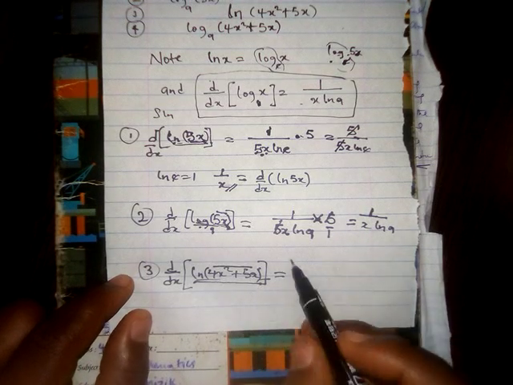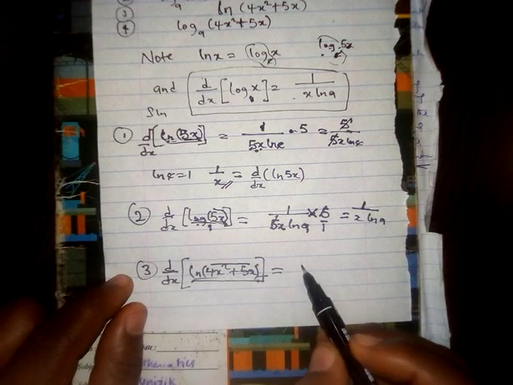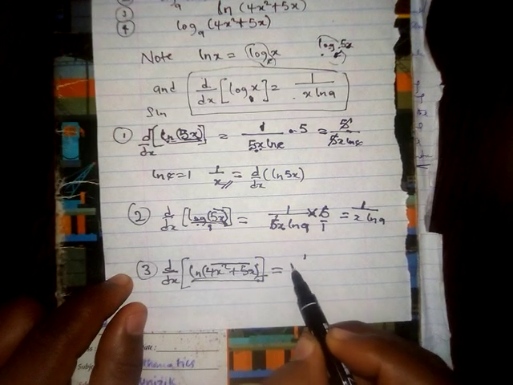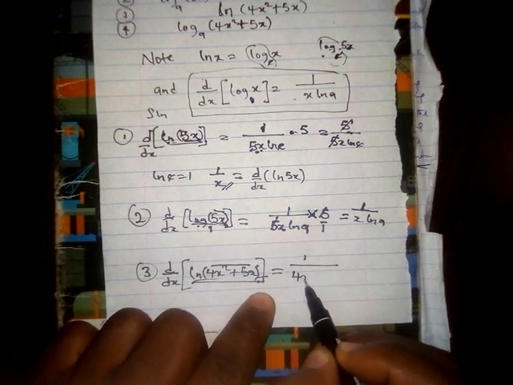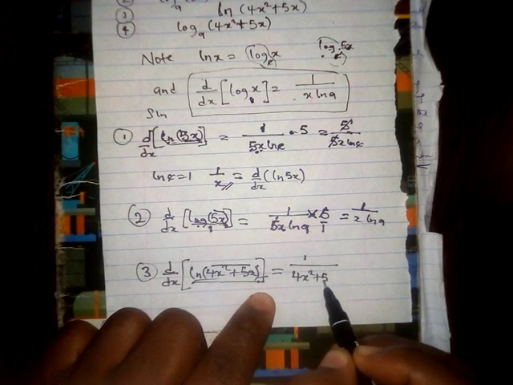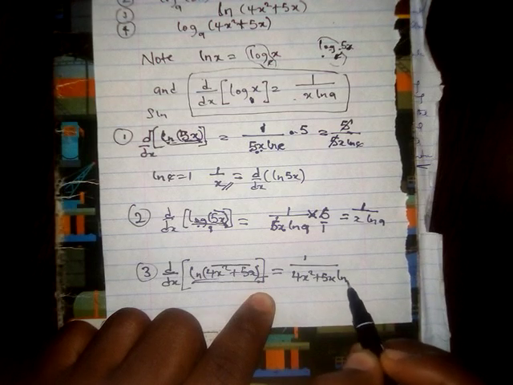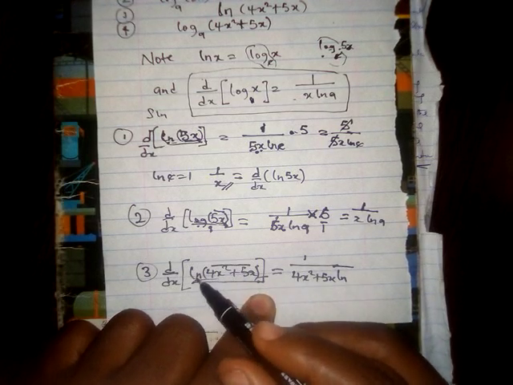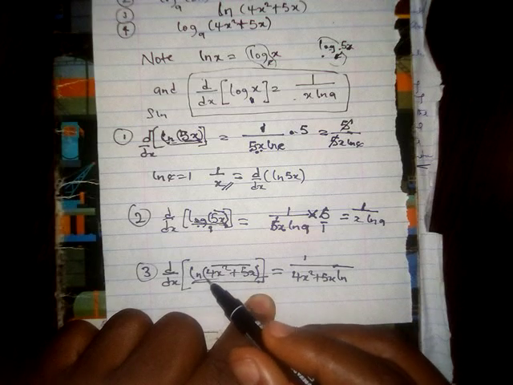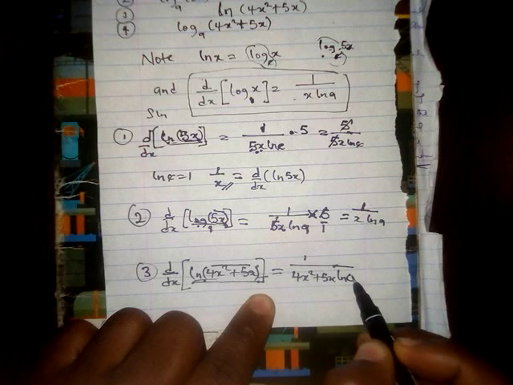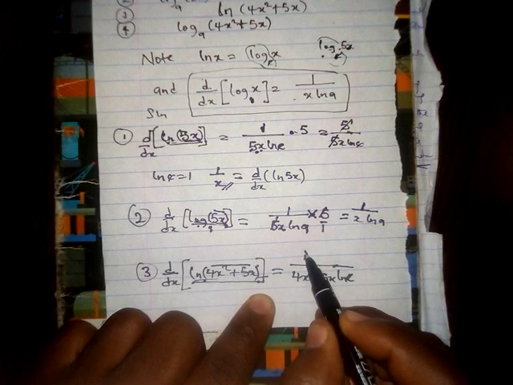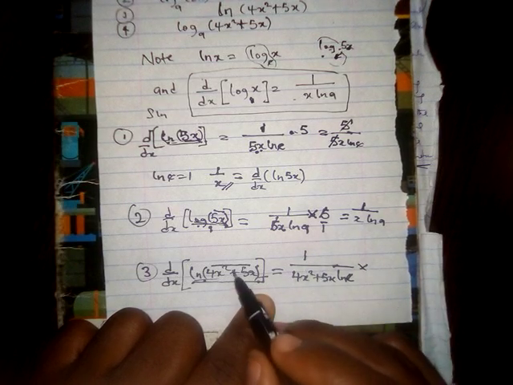So differentiating the outer one using our rule, we have this as 1 over the function. What is the function? 4x squared plus 5x ln. Now remember, our question is ln this, so our base here will be e, so this is ln e. Now this will multiply by the derivative of the inner one.